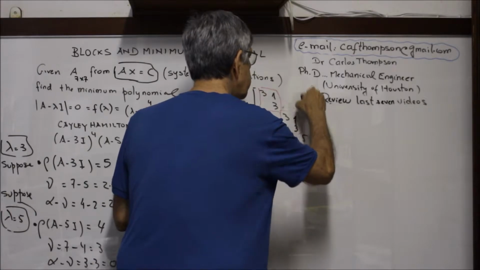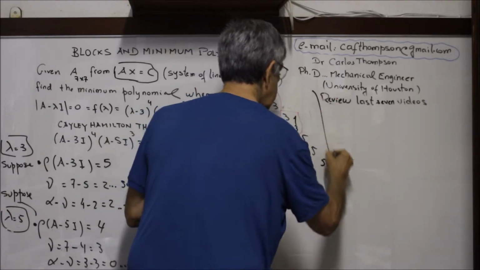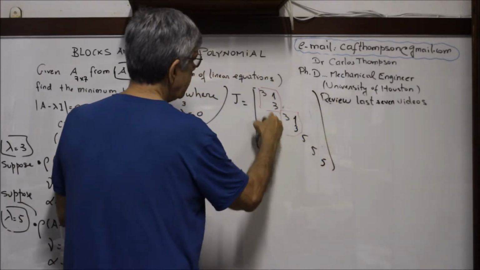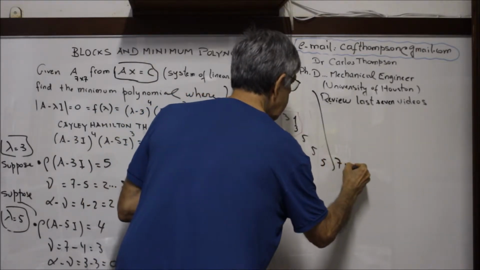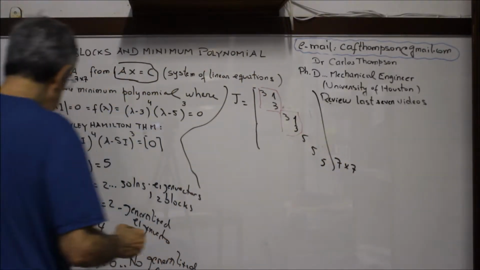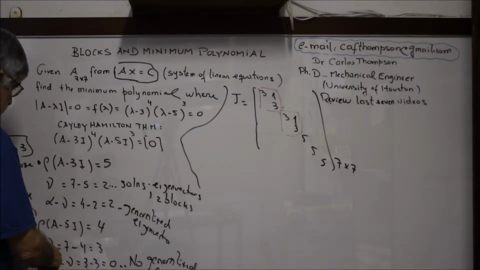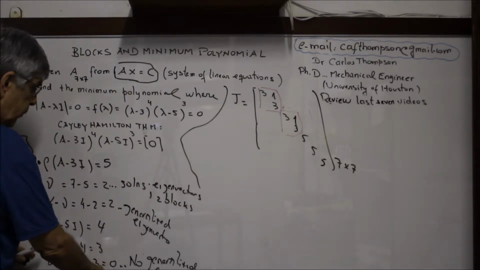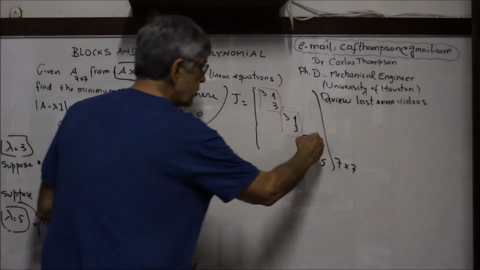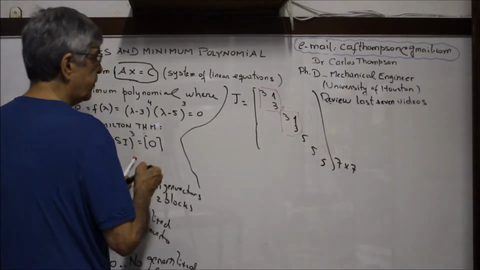This is a 7 by 7 matrix. Now, from here, my nu is equal to 3, so no generalized eigenvector. So I have 0 here and 0 here, no ones.